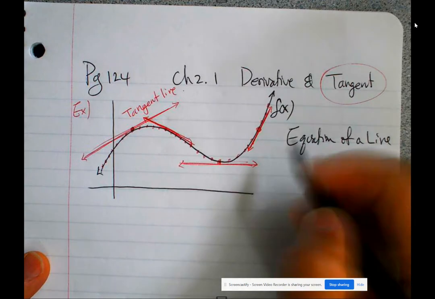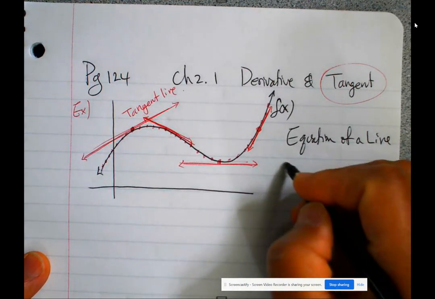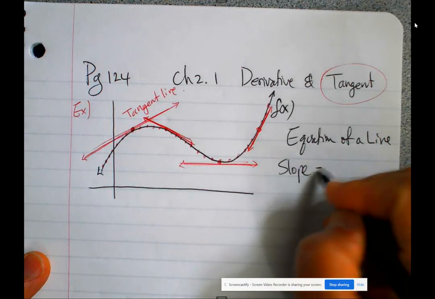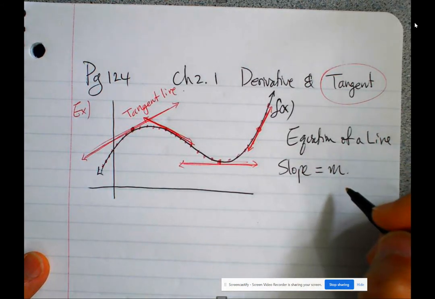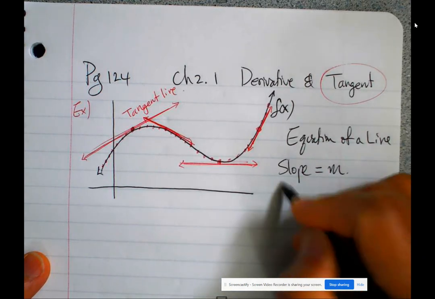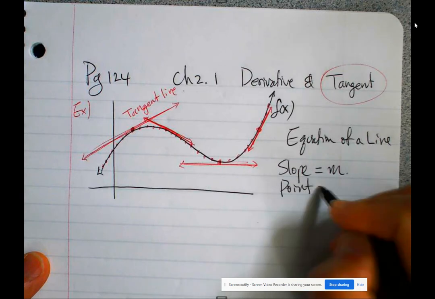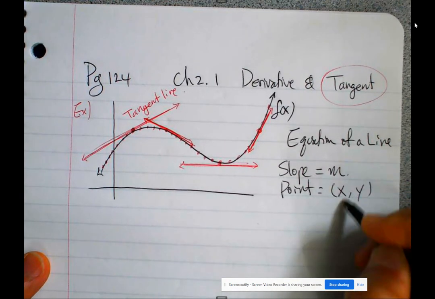You need to have a slope, which is rise over run. You need to have a slope. What else do you need to have? You need to have a point. It could be a y-intercept, but you need to have a point, (x1, y1).